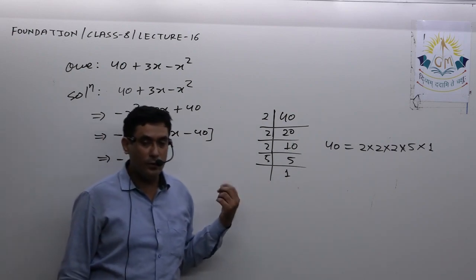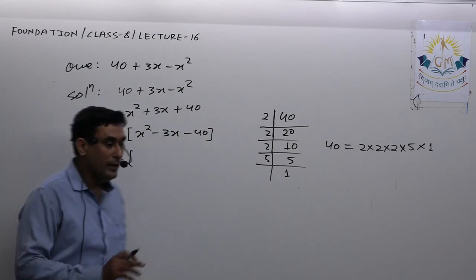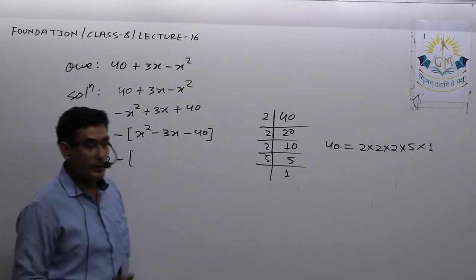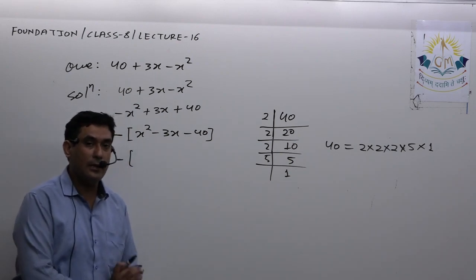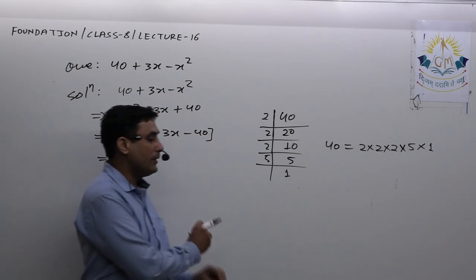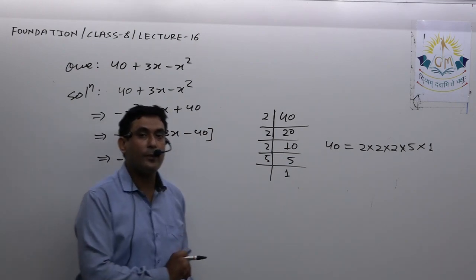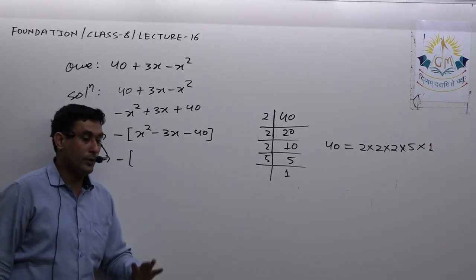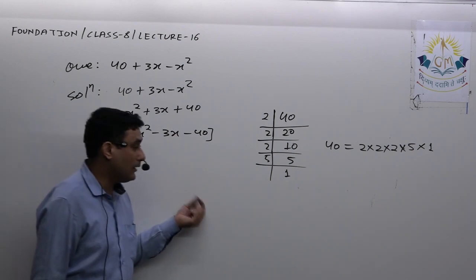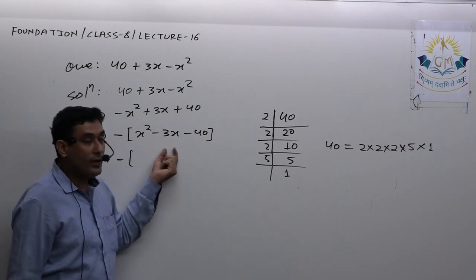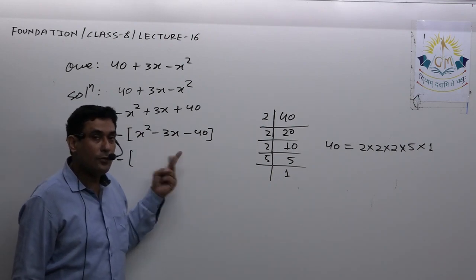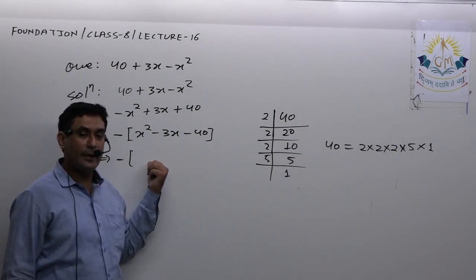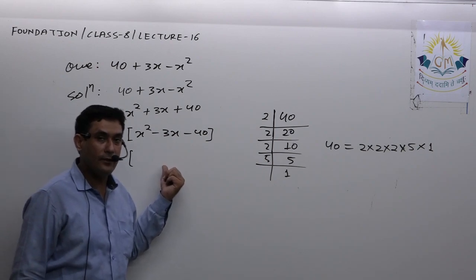As the product is negative, it shows definitely one among those two must be negative. That means they should not be of the same sign, because if they are of the same sign, the product won't be negative. So one must be negative, one must be positive. We can also conclude one more thing: here the difference is negative. That means among those two groups, definitely the larger one must be negative. Then only the difference will be negative, isn't it?